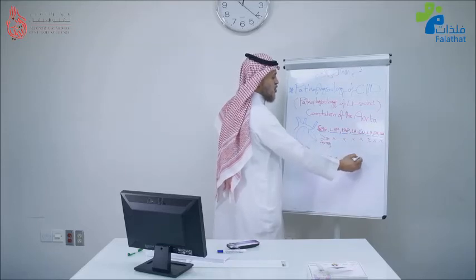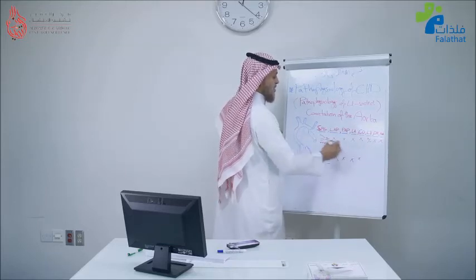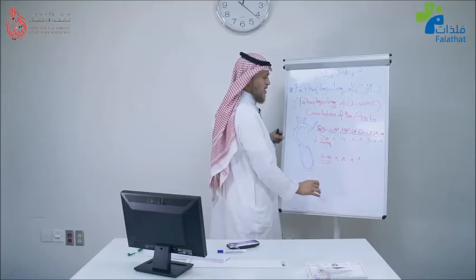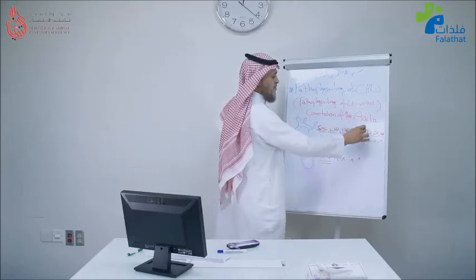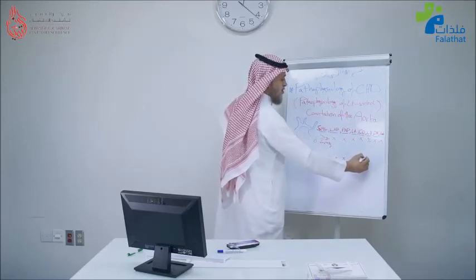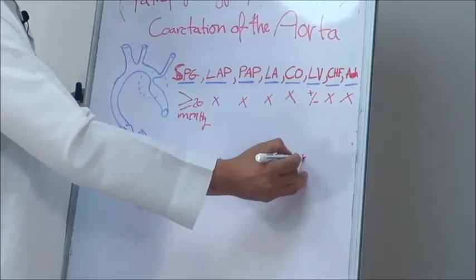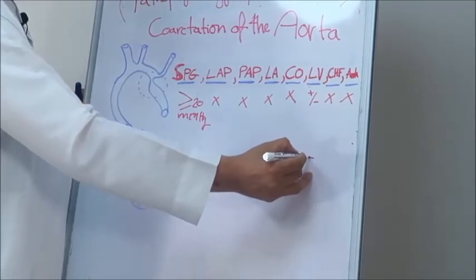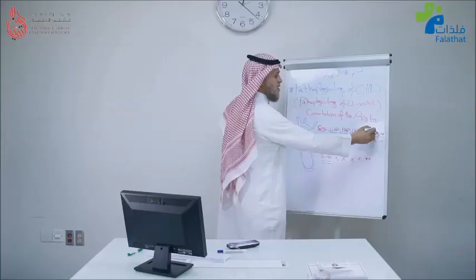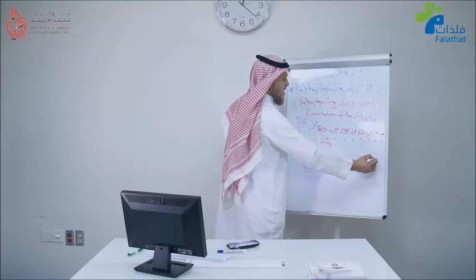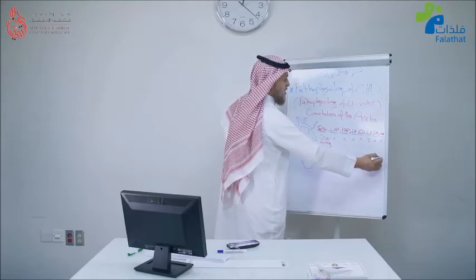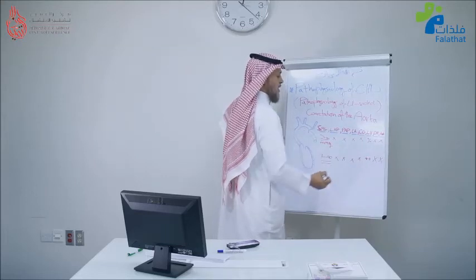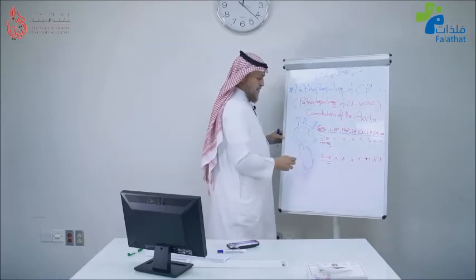Cardiac output should still be well maintained to the lower body. Left ventricular hypertrophy is a possibility, so it can happen, maybe mild, maybe moderate. Congestive heart failure is an unlikely possibility, and arrhythmias are an unlikely possibility.